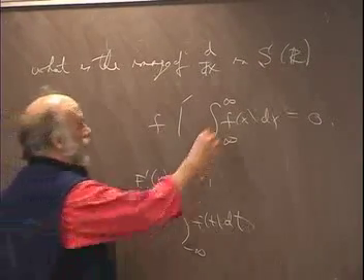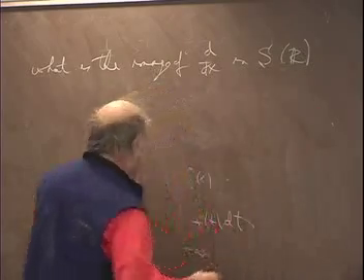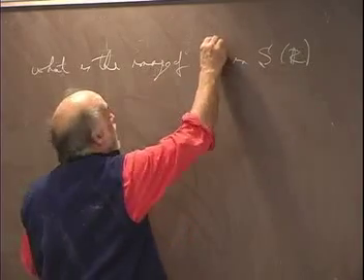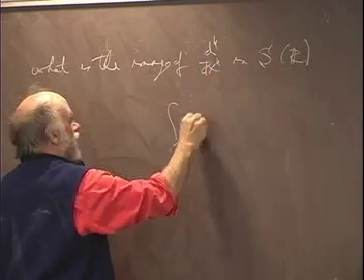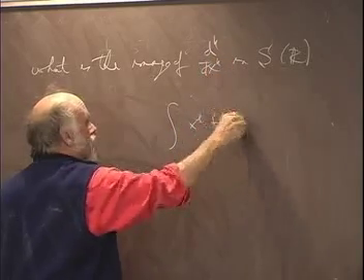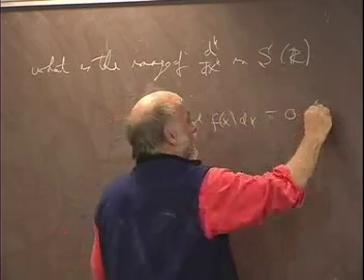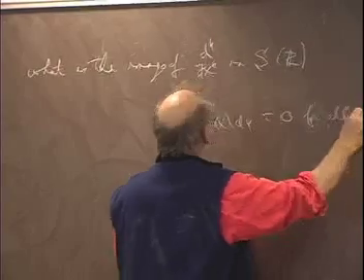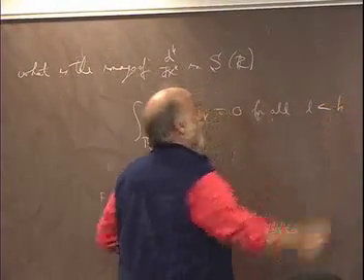So in general, I'll state the general fact. For d^k/dx^k, the image is the set of f such that the integral of x to the L times f of x dx is 0 for all L less than k.